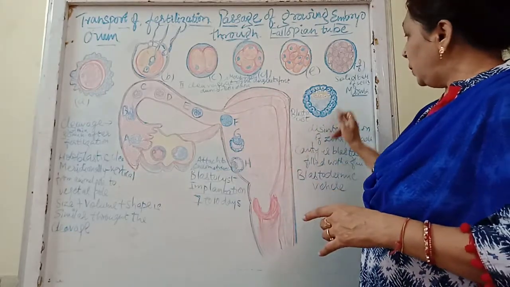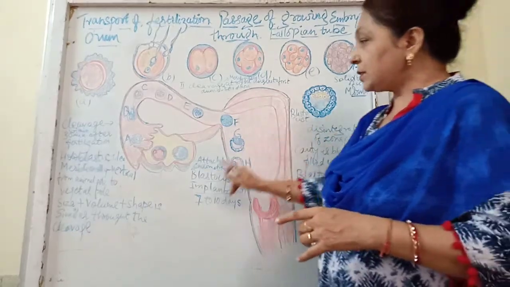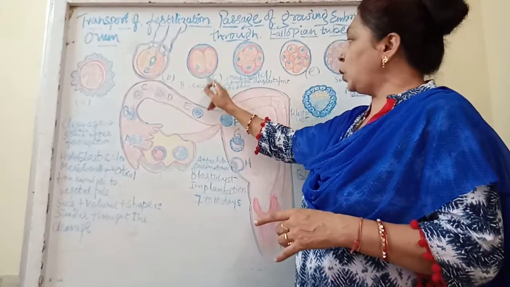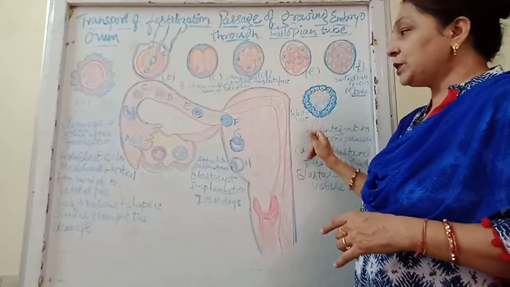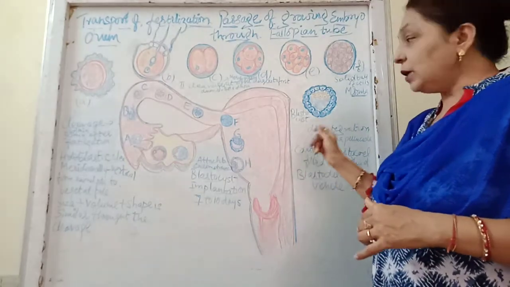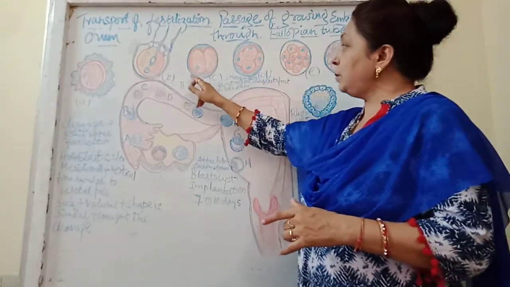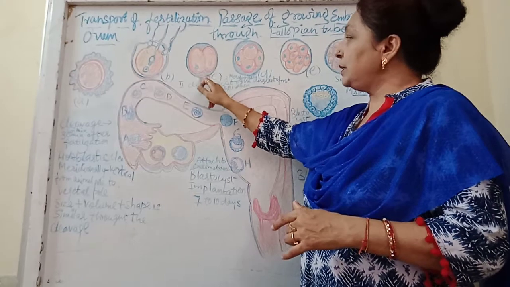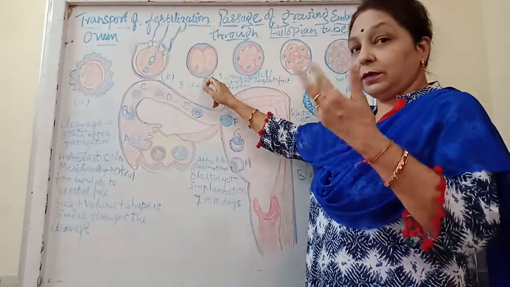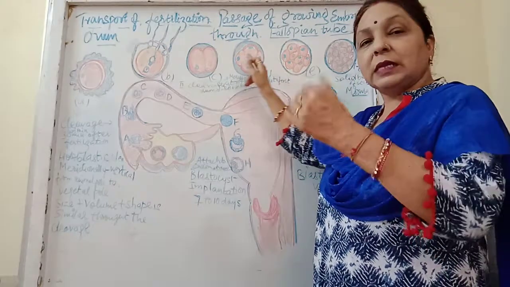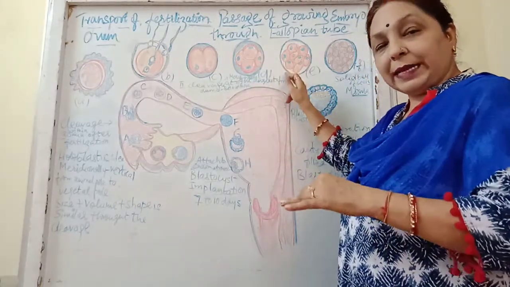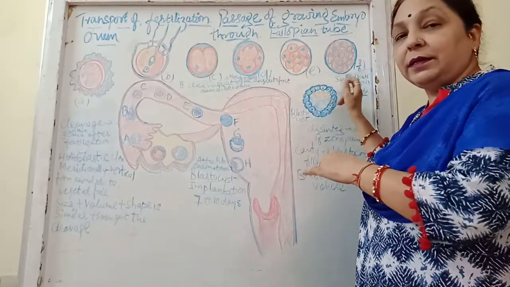Then I told you already that the size, volume and shape are similar all throughout the process of cleavage. Here the blastomeres are numbered like this: the first formation of 2 cells, then 4 cells, then 8 cells, then 16, and then 32.